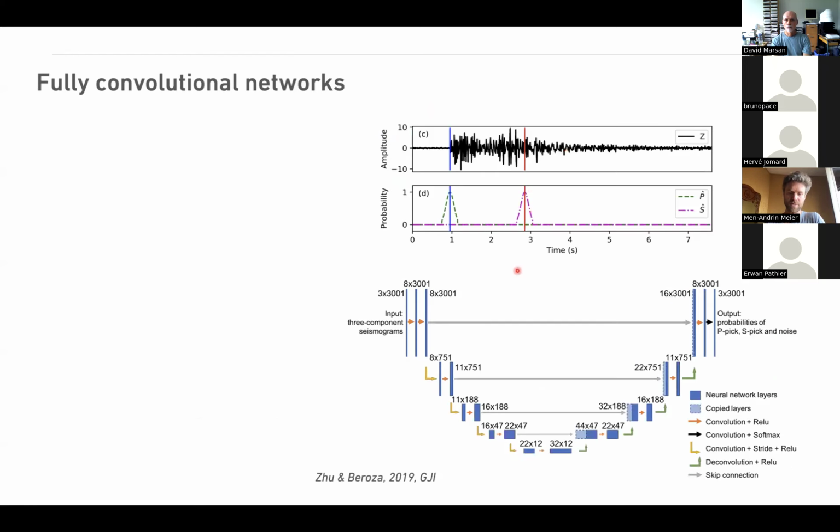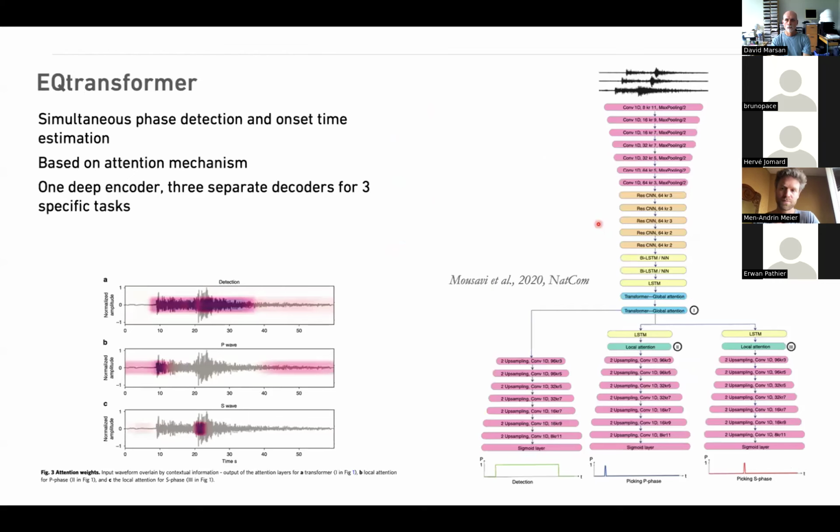An example of this is PhaseNet, which was used in the central Apennine seismicity example that I showed initially. And then instead of just a scalar prediction, you can end up with actually a vector prediction of where your P wave is. You can get sort of a triangle or a bell curve that tells you, well, somewhere here is your P wave, and somewhere here is your S wave.